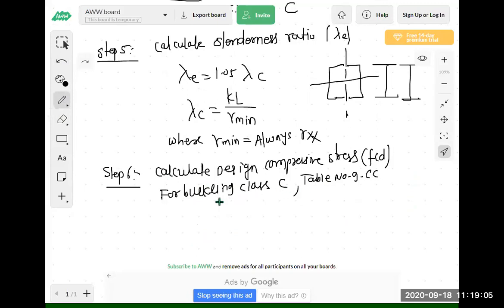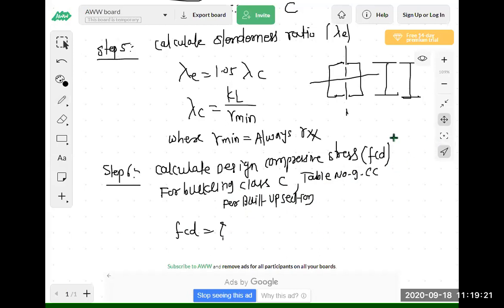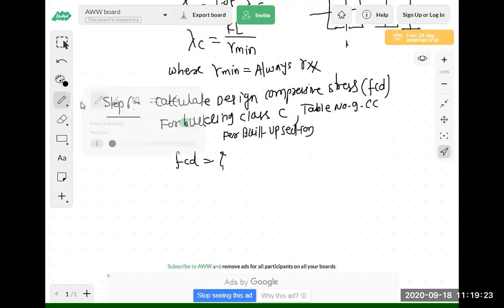Buckling class C for built up section. Always buckling class C for the built up section. So we have to go table number 9C and we have to find out the fcd value. Are you getting? So this is related to fcd.